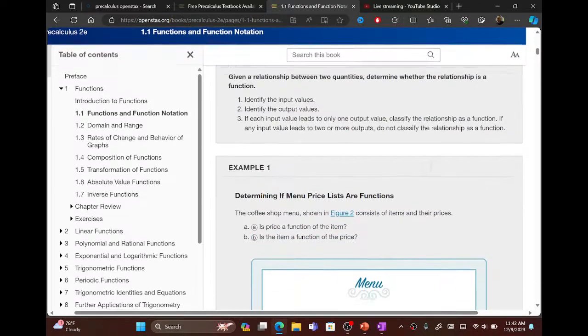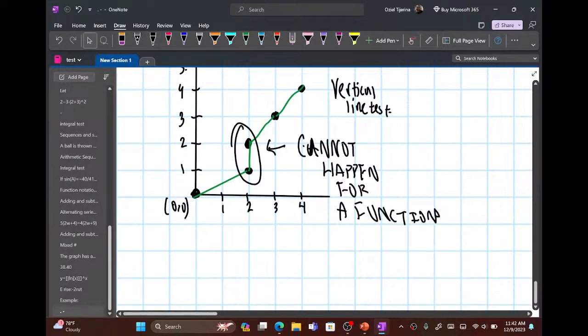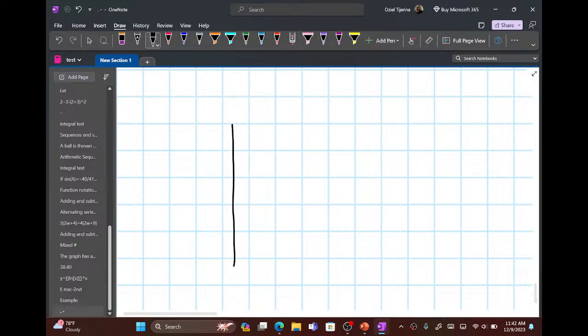So the price is a function of the input. So basically, in other words, when I have a relation, I just want to go over this briefly. Let's say 2, 3, 4, 6, 5, 2, whatever.